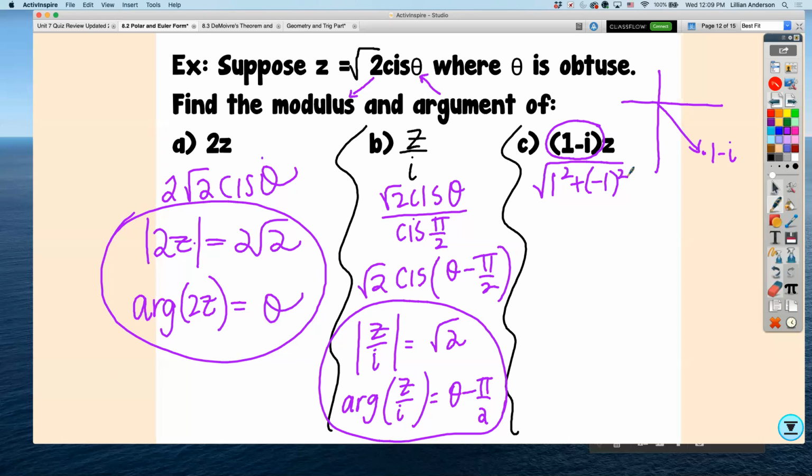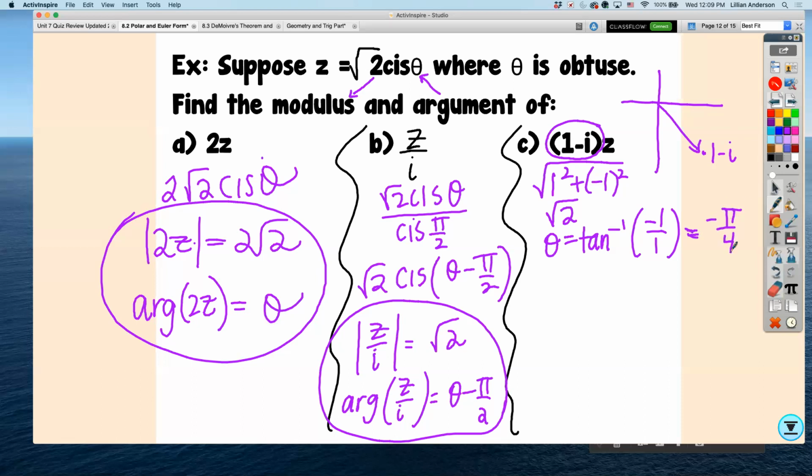What is that? Root 2. What's the angle? But I had to go clockwise, so it's negative.